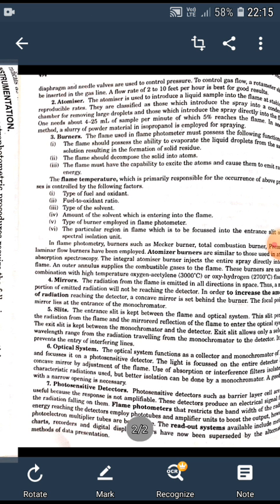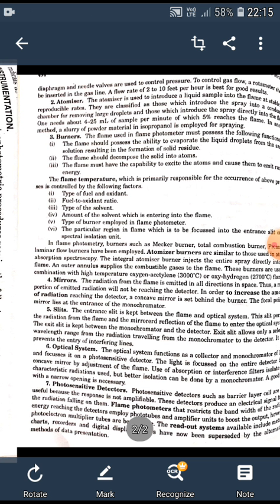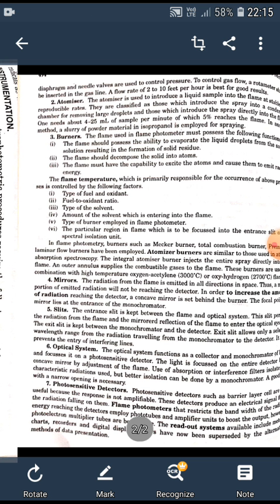The sample solution is sucked by an atomizer operated by one of the flame producing gases and fed into the flame. The emitted light is collected by a parabolic mirror and a lens. It is then passed through a monochromator or filter.